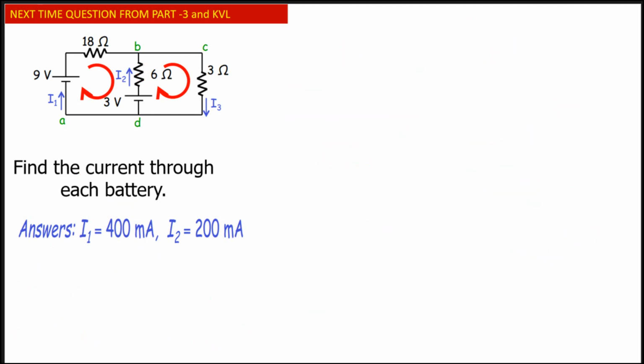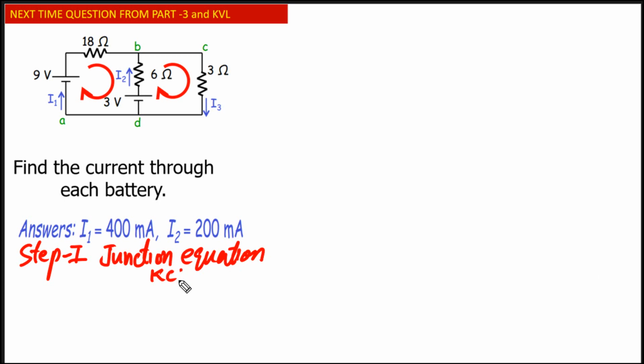Step number 1. Always we will follow KCL. We have to write down the junction equation, and this is based on KCL. So how can we write the junction equation?